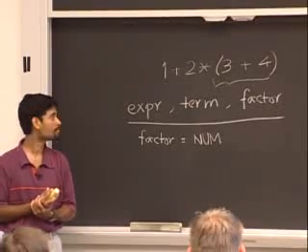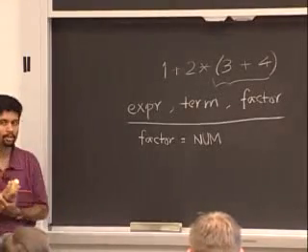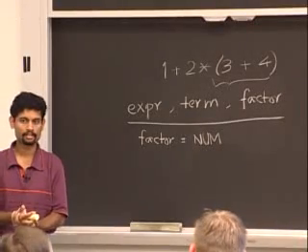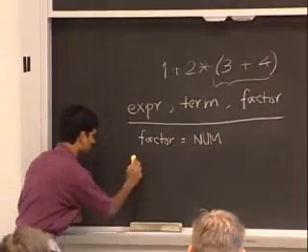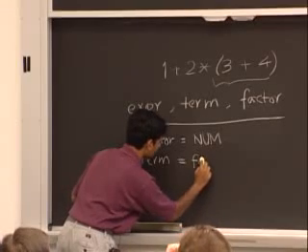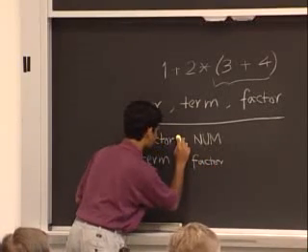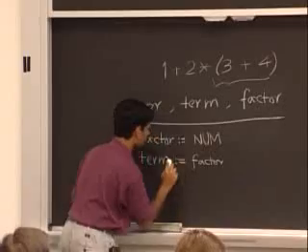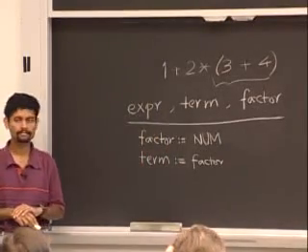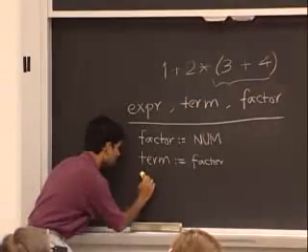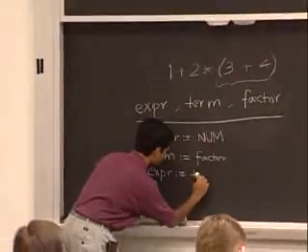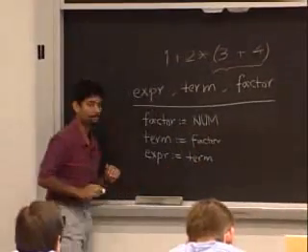Terms are numbers too. So the way I was hoping to take that into account was to say that factors are terms too. Should I write that down? Yeah. And in a similar vein, expressions are terms too, right?